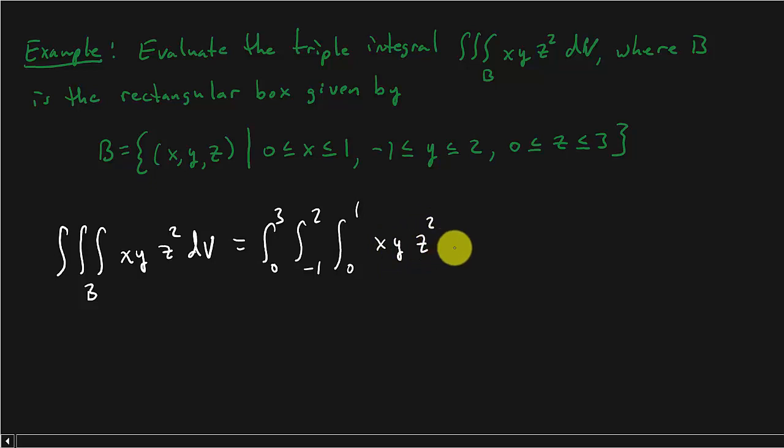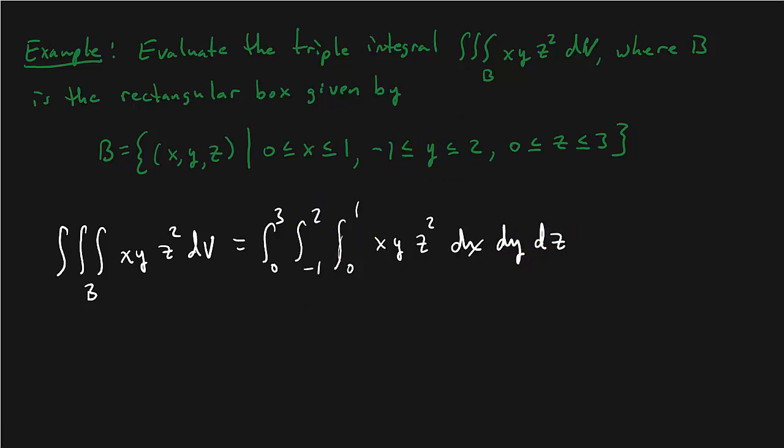And that's going to be dx, that's what we're integrating with respect to on the first one, and then we've got dy, that's the -1 to 2, and then dz. Now I've set it up, and you might be wondering, why did you do dx first, then dy, then dz?